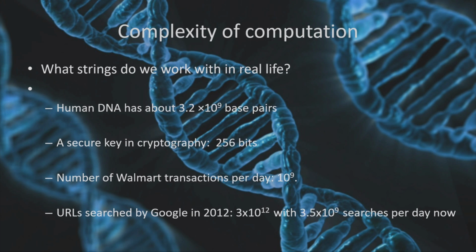You don't want to be doing an algorithm that runs in time 2 to this number, not any day soon. And even the number of Google searches per day is pretty substantial. It's 3.5 times 10 to the 9th, which is almost the same number as the number of base pairs in the human DNA, for comparison.